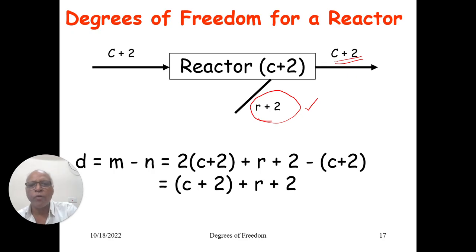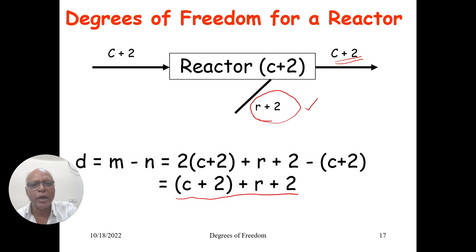So the total number of variables are 2 into C plus 2, plus these equipment parameters are also mandatory for us to specify. So they must also be included in calculating the total number minus the number of equations. So once again, this is the number of degrees of freedom for a reactor. This may not be enough for all type of reactor models.